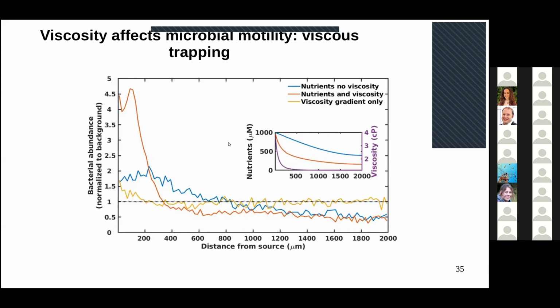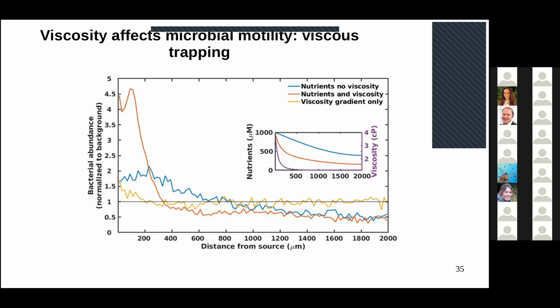This is the gradient around the phytoplankton cell, and the distance is quite large, 2000 micrometers. In blue here, you have the gradient of nutrients when there was no viscosity. Then the gradient of nutrients when there is viscosity, which again decreases the diffusivity of nutrients. And here is the gradient of viscosity.